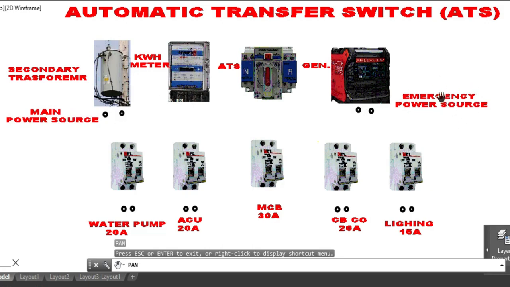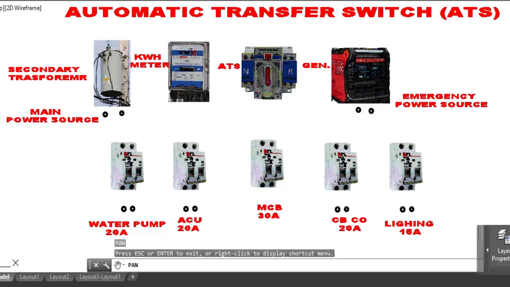Even if there is still power from the emergency power source, this switch will automatically select the main power source. So we are going to make the wiring for each component of this automatic transfer switch.